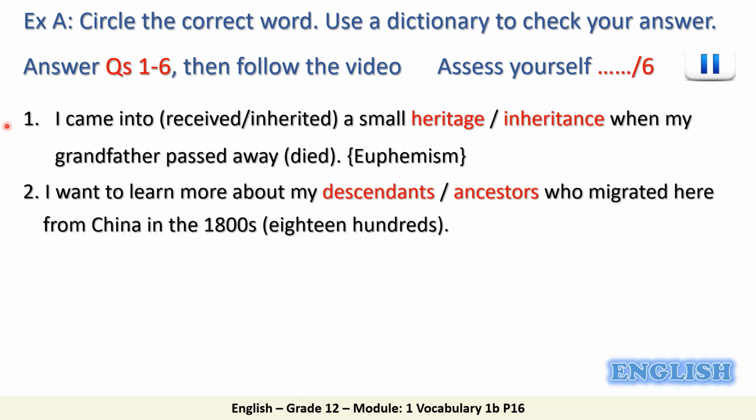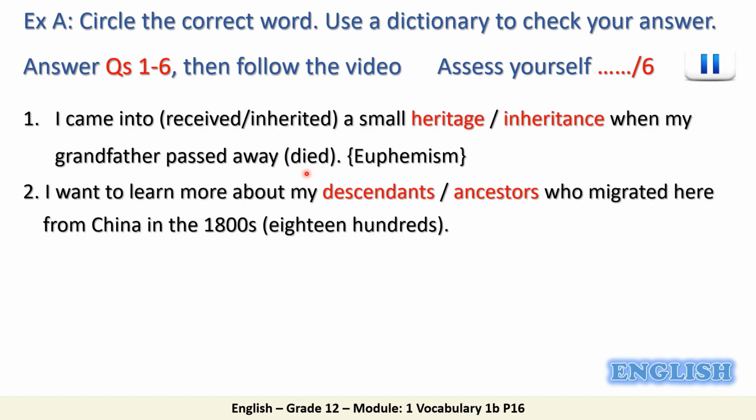Done? Okay. Number 1, I came into. Came into means I received a small heritage or inheritance when my grandfather passed away. Passed away means died. This is a euphemistic expression of the word died, a lighter expression of died.